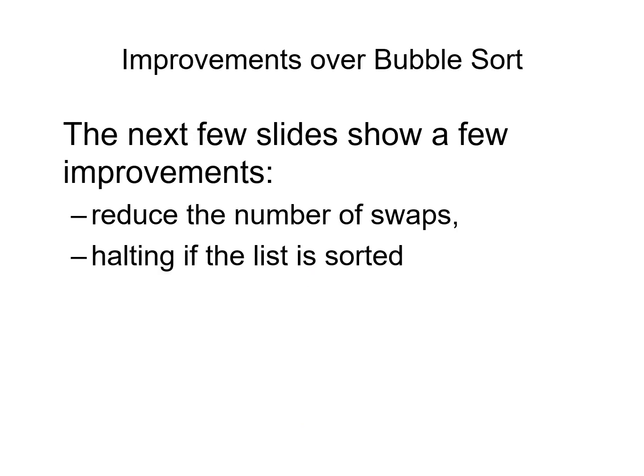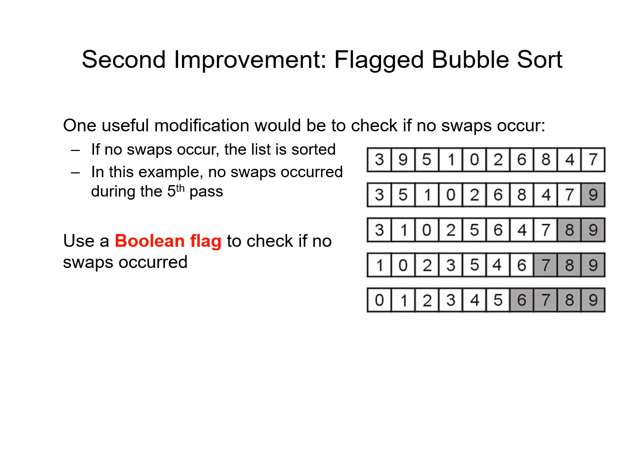So if I consider the example here, there are 10 elements, right? So the passes should go up to 9. The outer for loop will go up to 9 times, and the inner for loop will go up to n minus i minus 1 times, right?